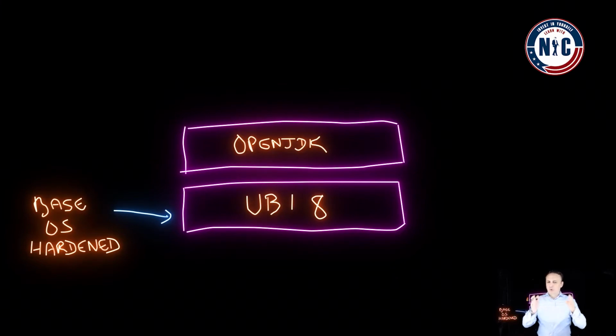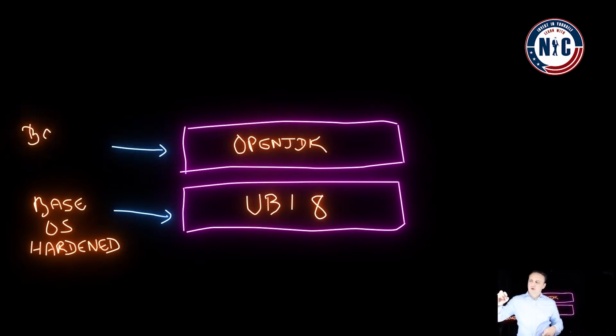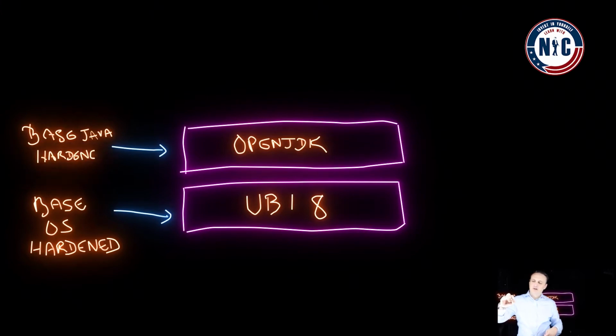So now OpenJDK is also getting hardened following the proper settings recommended for DoD for Java. So now we have this image that becomes the official base Java image for DoD, and that's hardened automatically and continuously updated. So now the beauty is, if you end up updating the base OS image of UBI, it automatically also updates the OpenJDK image.